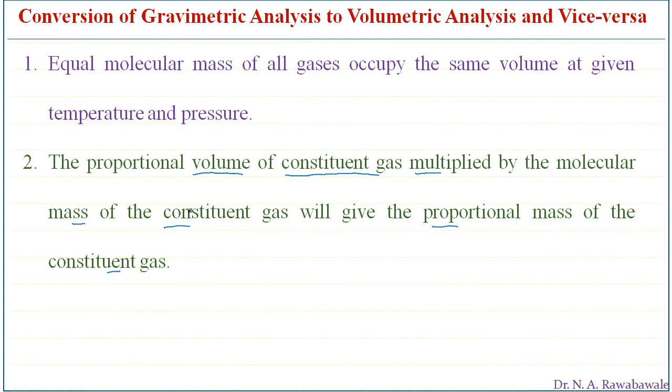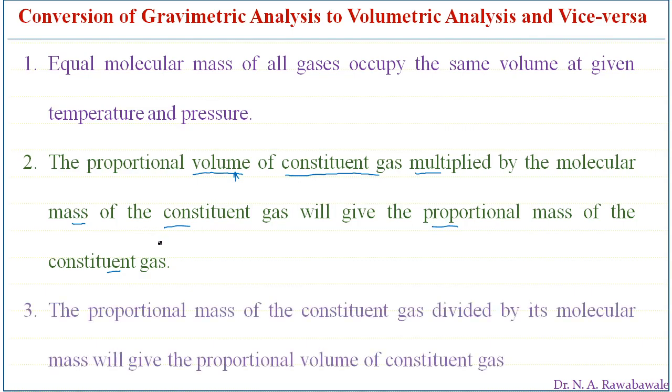That is, volumetric analysis can be converted into gravimetric analysis by multiplying it by the molecular mass of that constituent gas. The reverse is also possible. If we know the proportional mass of the constituent gas, that is the mass analysis is known, then in the reverse case we divide by the molecular mass, and we get the proportional volume of the constituent gas.